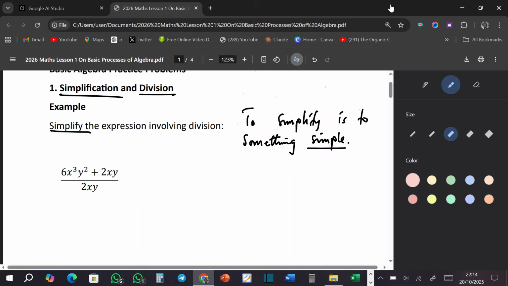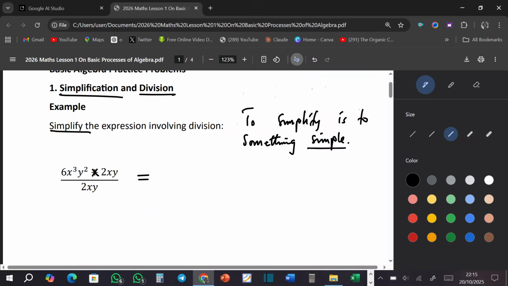So how do you make it simple? By ensuring that you subtract, you multiply, you divide, and you add. So in this case, what we are going to do is this. We have actually here supposed to be multiplication here.